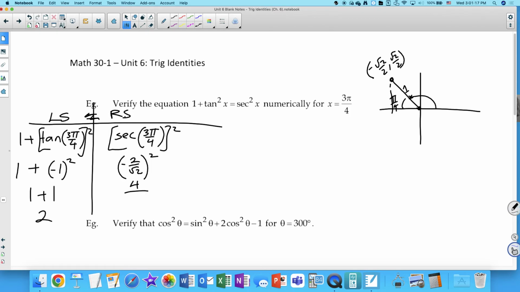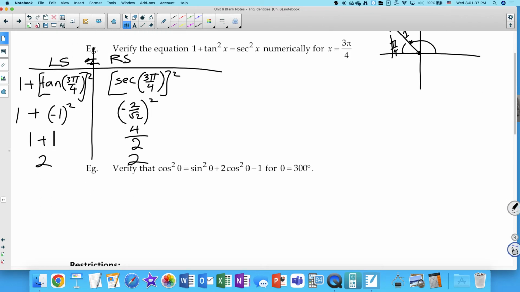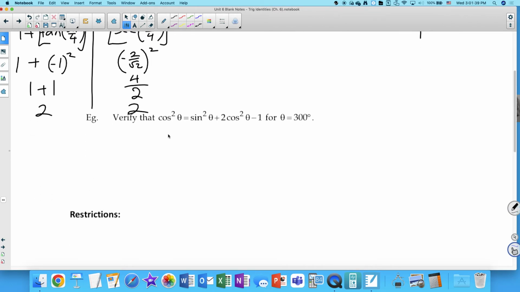Root 2 times root 2 is 2. So that's 4 over 2, which is also equal to 2. So we have verified this identity when x equals 3 pi over 4. Okay? All right, let's try this one.